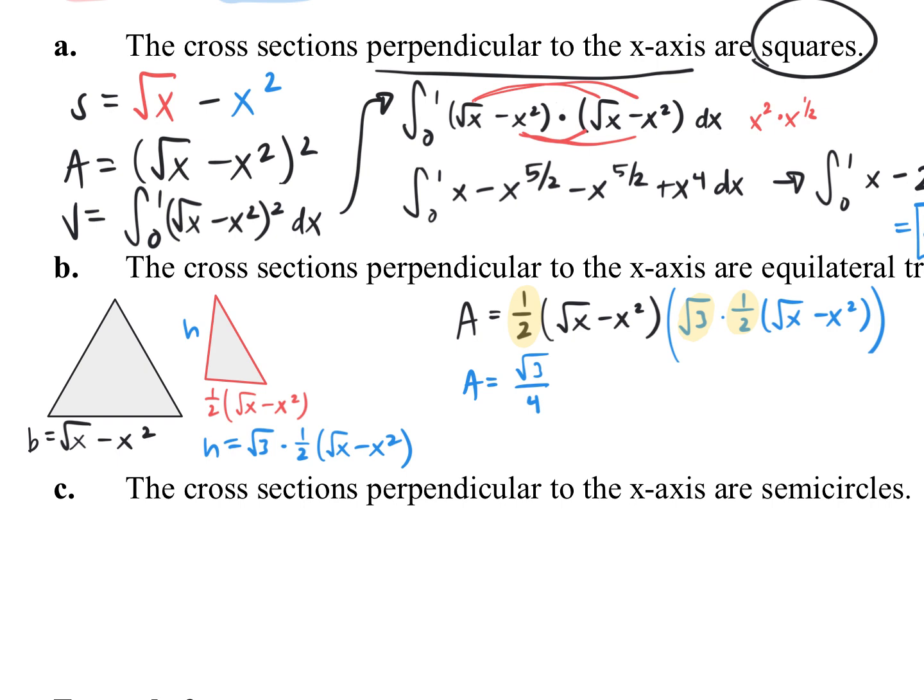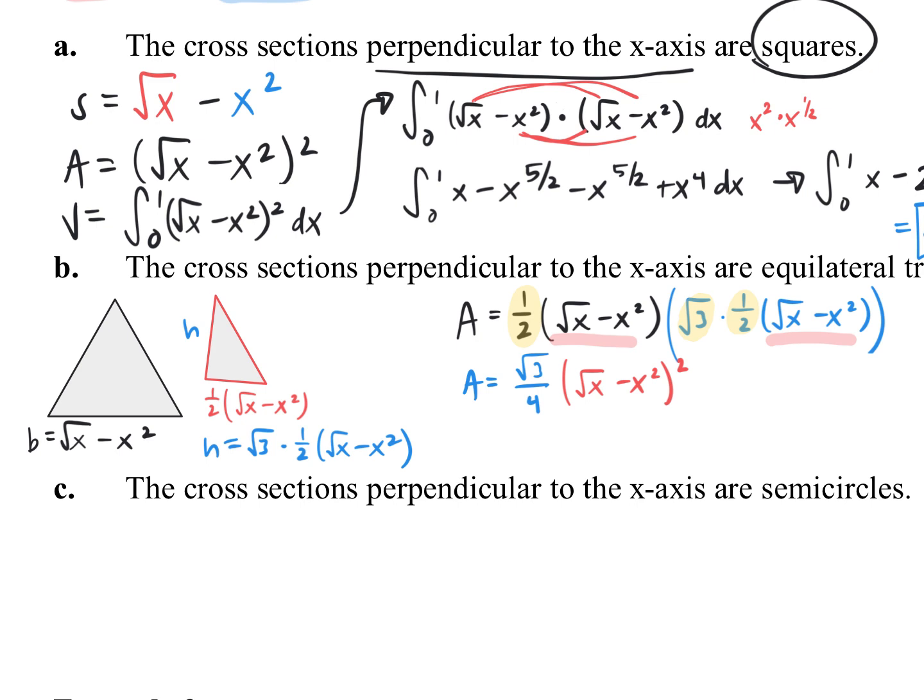Okay, and then if I multiply my square root of x minus x squared and my square root of x minus x squared, it does not just equal x minus x to the 4th. So I'm going to write it as the square root of x minus x squared, squared. We'd have to FOIL that, right? It doesn't just become x minus x to the 4th. I did that last time.